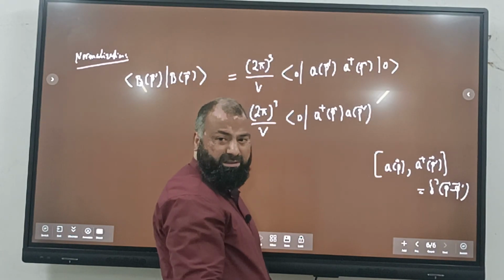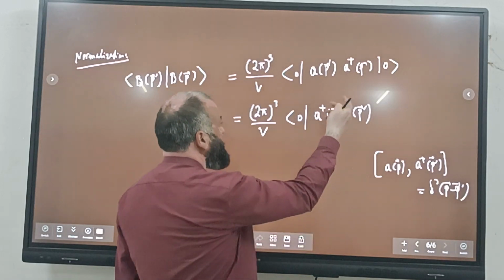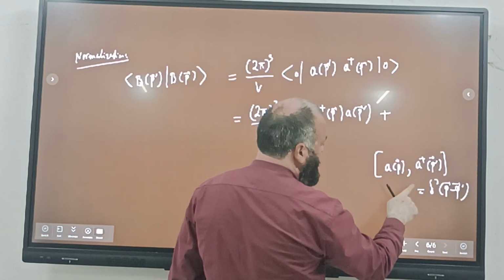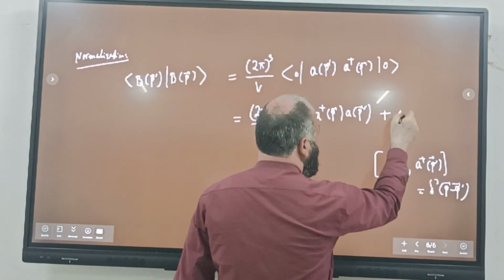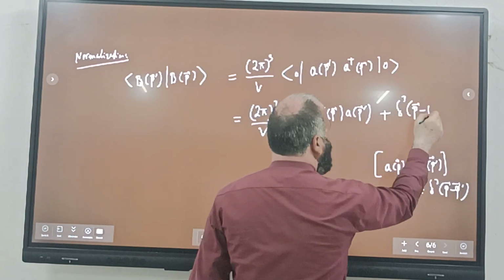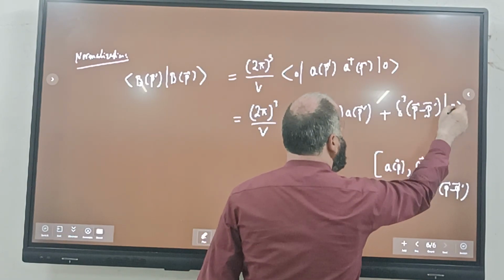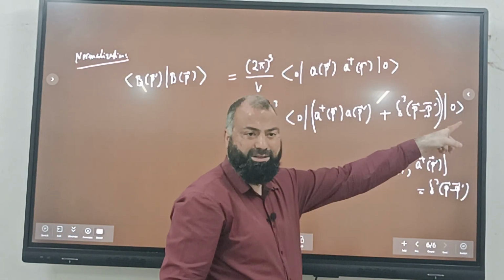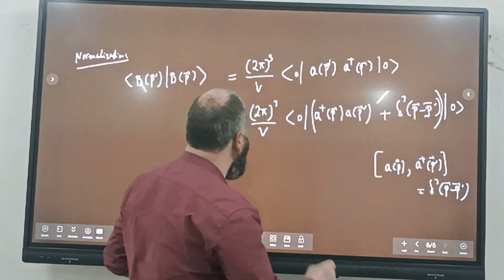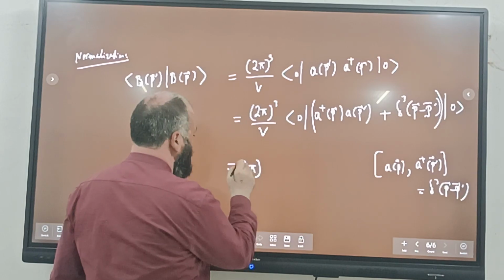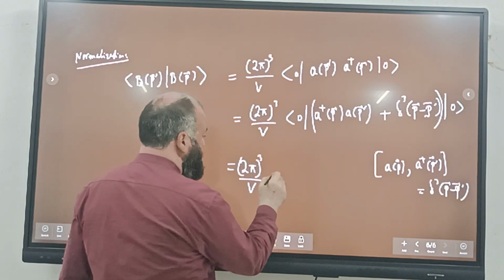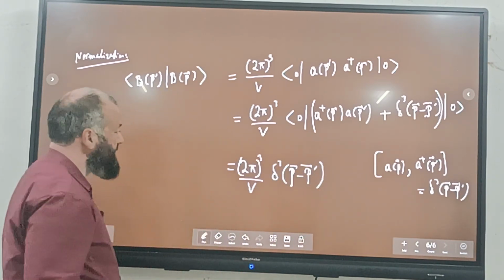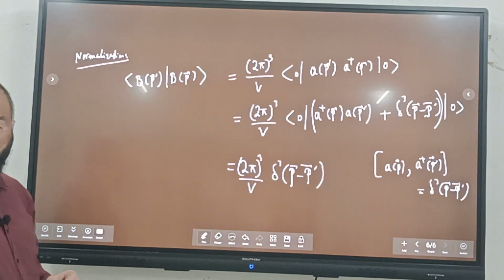The analysis becomes very simple. Then you have plus A dagger A plus this delta 3 of P minus P prime. Now this A annihilates the vacuum, it is equal to 0. And what remains? You have 2 pi q by V, so it is simply delta 3 because the vacuum is normalized. So this is the orthonormality condition.